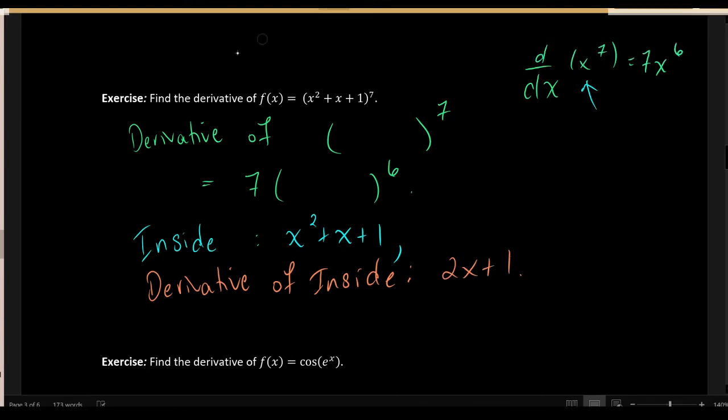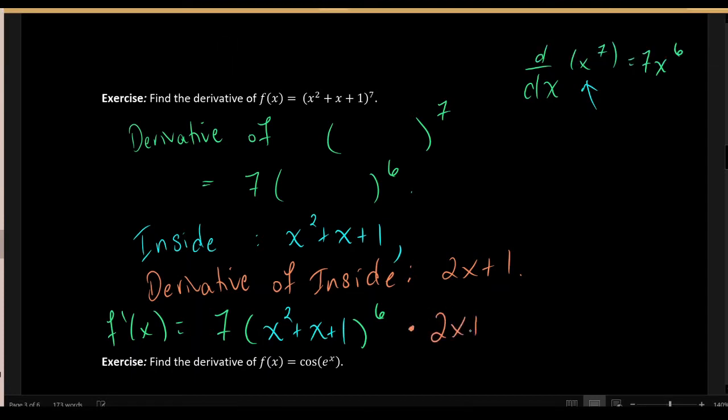So how am I going to put together the derivative of the function f of x? I'm going to take the derivative of the outer part, 7x to the 6th power, and I'm going to put the inner function into the blank. And then I'm going to multiply that by 2x plus 1.